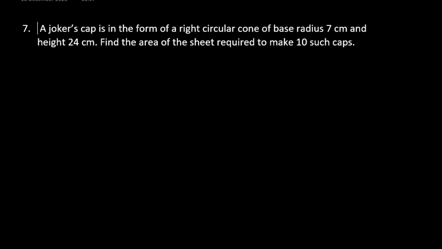A joker's cap is in the form of a right circular cone. The radius is 7 centimeter and the height is 24 centimeter. Find the area of sheet required to make 10 such caps. So the number of caps is 10. First I will find the area required for one cap.